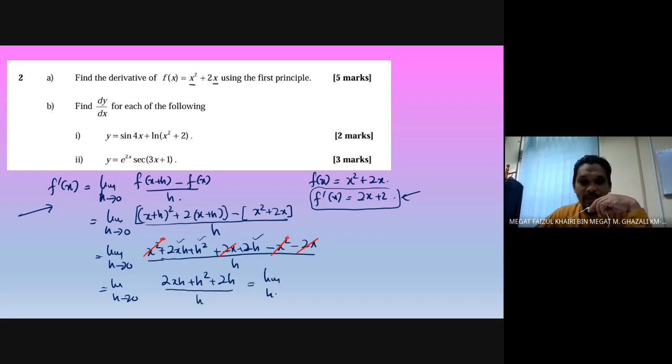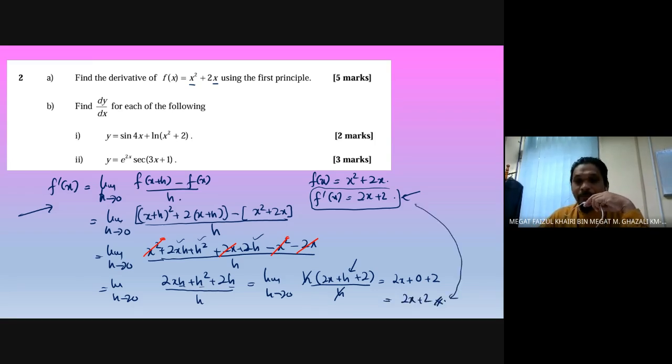Look at this: every single term on the numerator has an h. So h(2x plus h plus 2) divided by h, so then h divided by h cancels. Finally, it's time for us to substitute the value of h equal to 0 here. So we get 2x plus 0 plus 2. Finally, it gives you 2x plus 2.